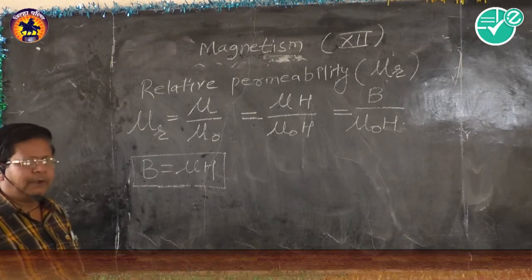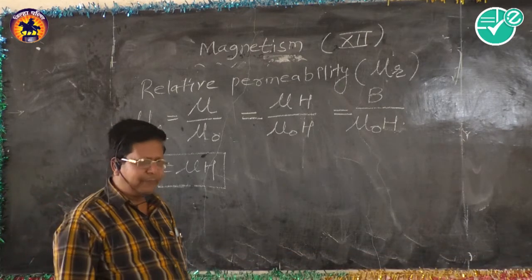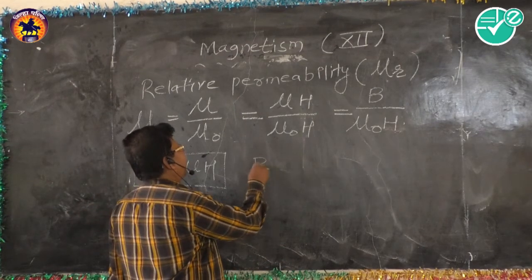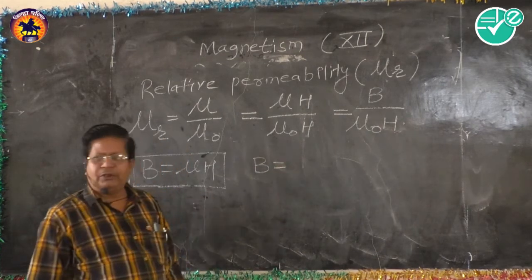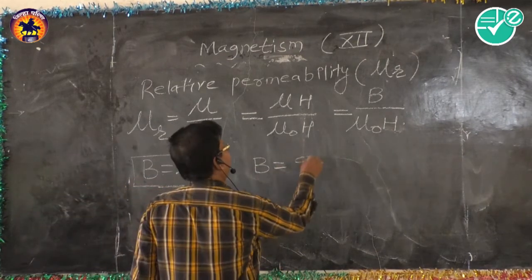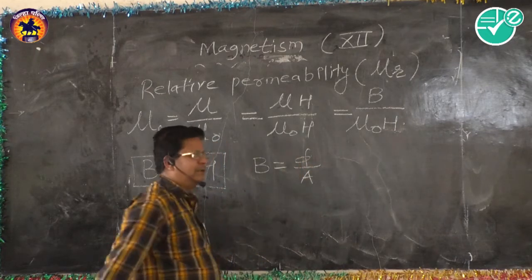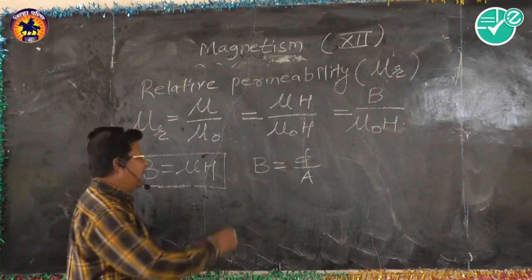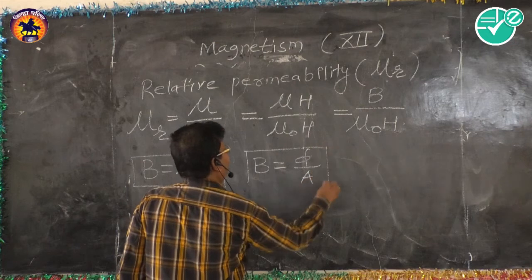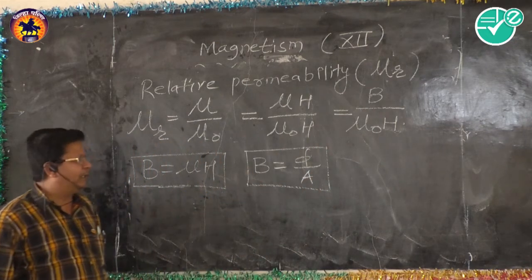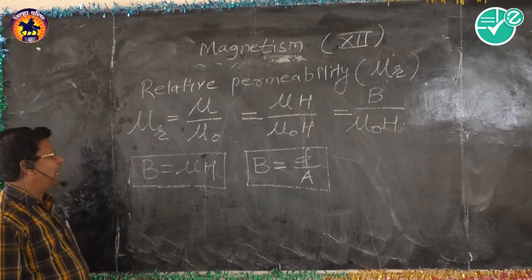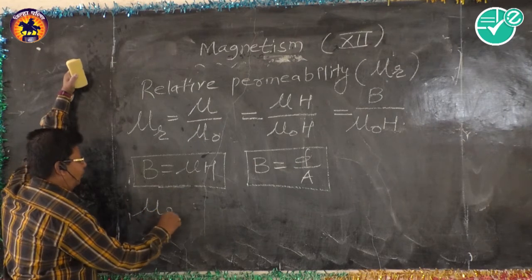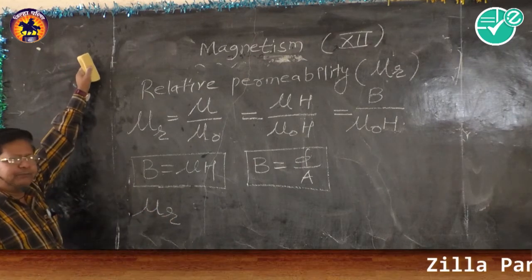Now again, in some numericals or MCQs, as we know that the magnetic induction B is equal to phi divided by A, that means magnetic induction is magnetic flux per unit area. By using this definition, we can write a new equation for relative permeability.